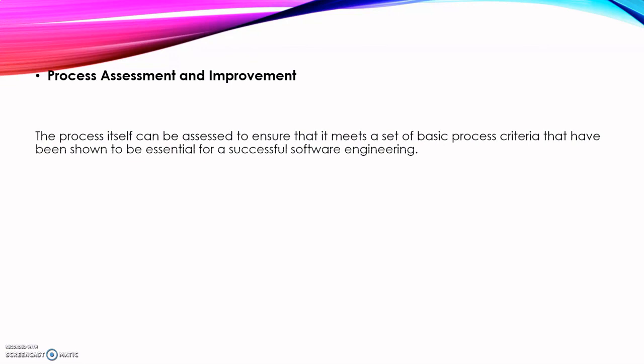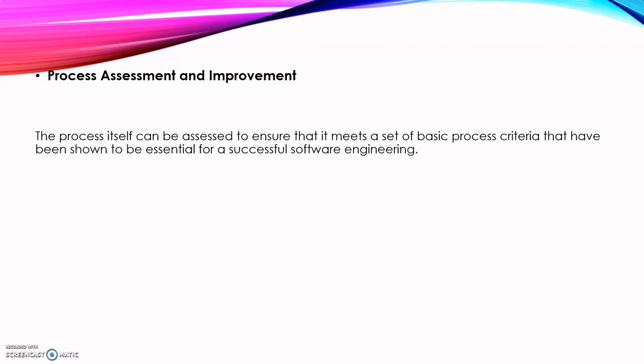Move on to the next topic, that is process assessment and improvement. See, the existence of a software process provides no guarantee that software will be delivered on time, that it will meet the customer's needs, or that it will exhibit the technical characteristics that will lead to long-term quality characteristics.